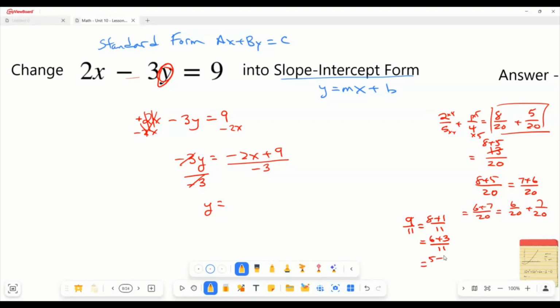Or it's 5 plus 4/11. Which means that this is 8/11 plus 1/11. This is 6/11 plus 3/11. This is 5/11 plus 4/11. All I am doing is taking something that we have done a million times and going the opposite way.